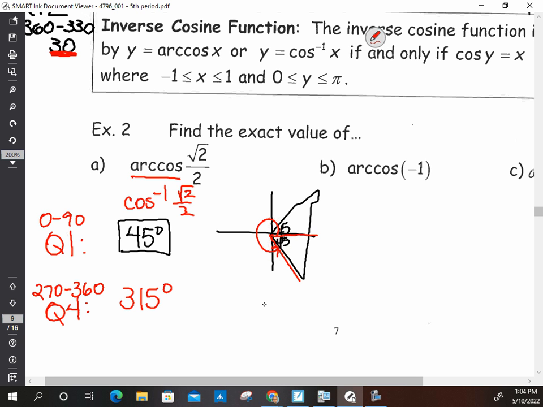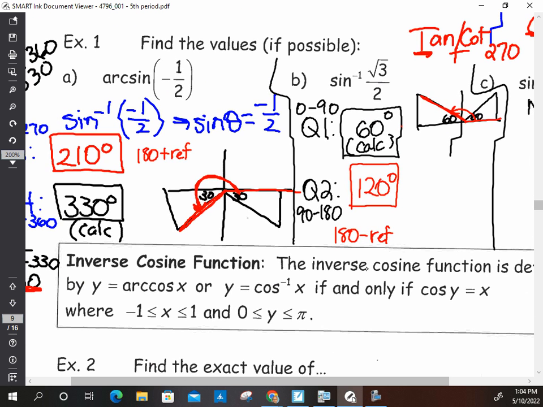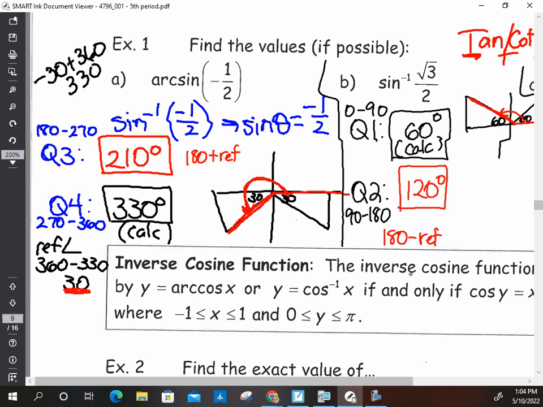So if you're in quadrant 4, if you have the reference angle, a formulaic way to go about it is 360 minus your reference angle. So now you have a formula that you can use for quadrant 4, for quadrant 2, and for quadrant 3.